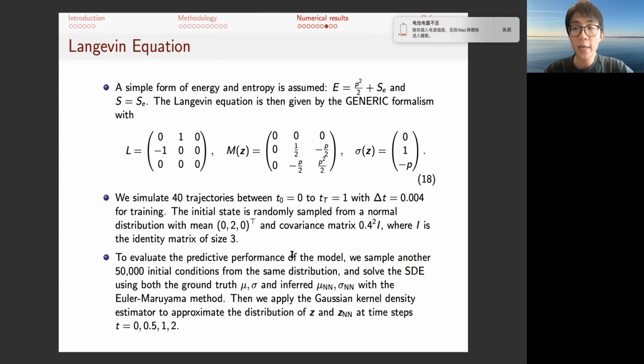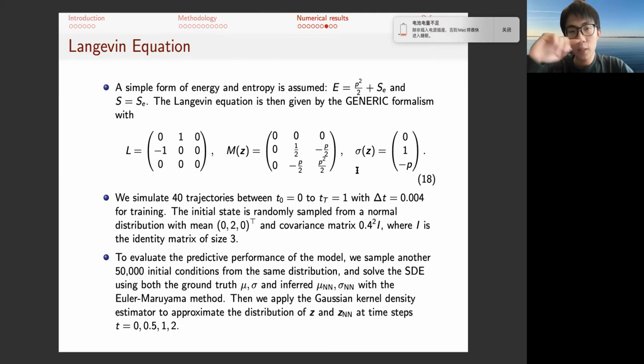And finally, we test our method on the Langevin equation, which has the simple energy form of P squared over 2 plus S, and the L and M matrices also take a simple form.